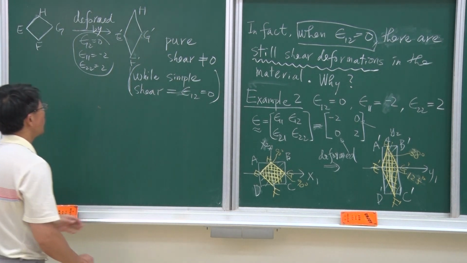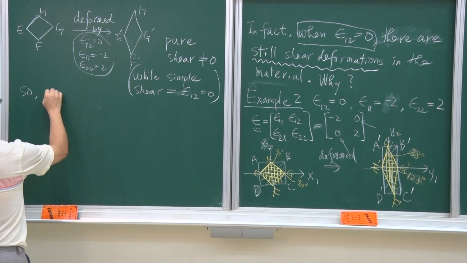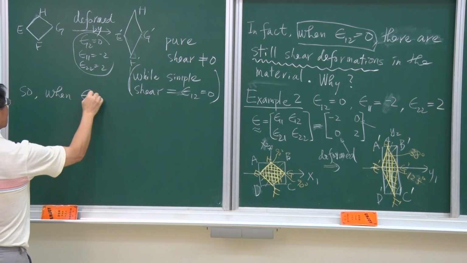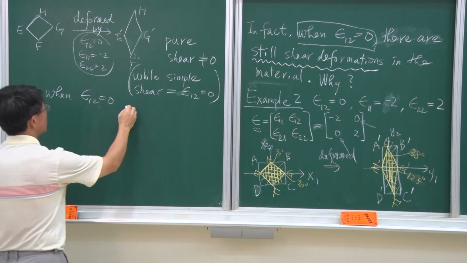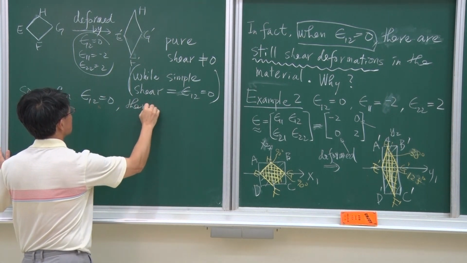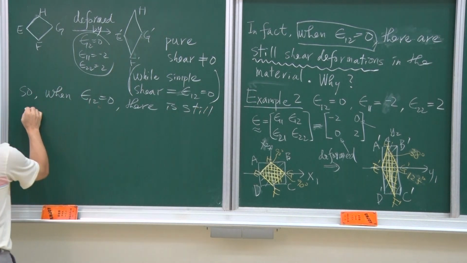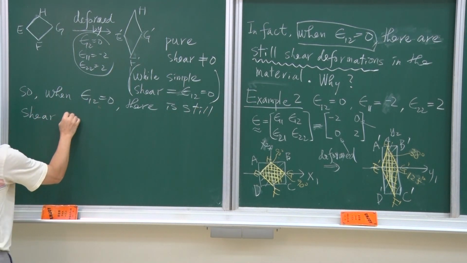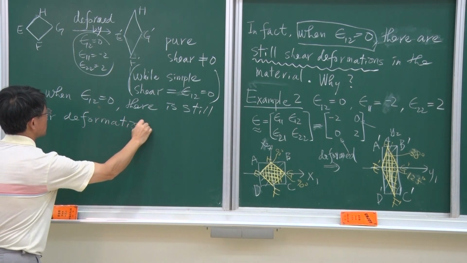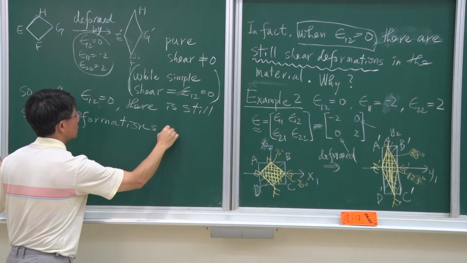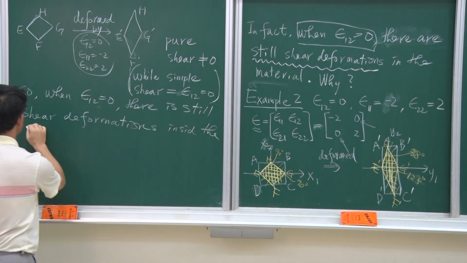Okay, so when epsilon 1,2 equals 0, there is still shear inside the material.